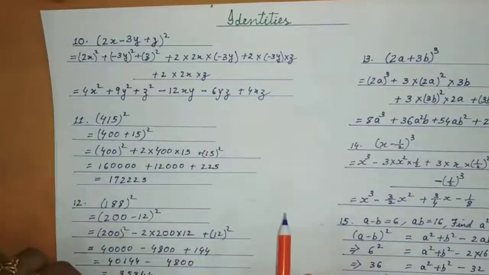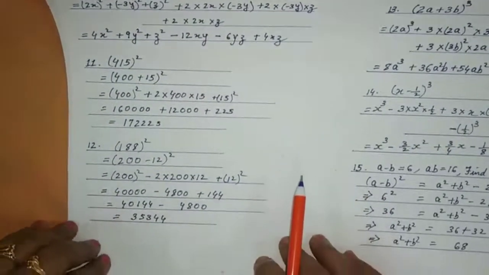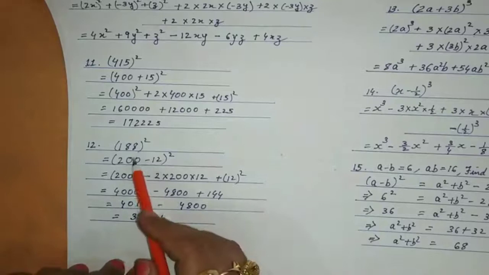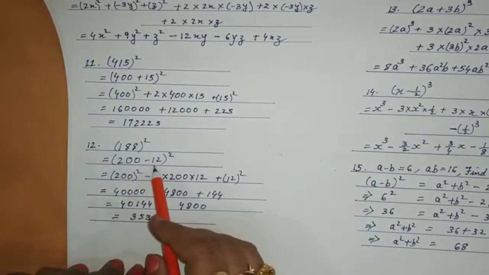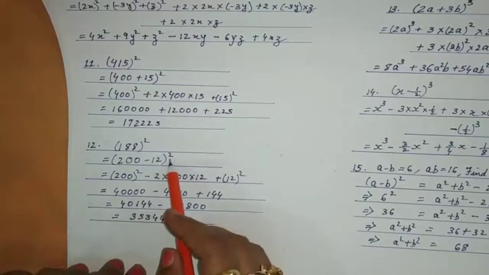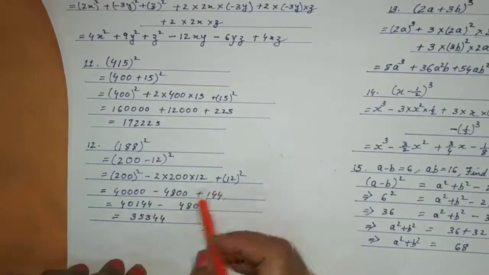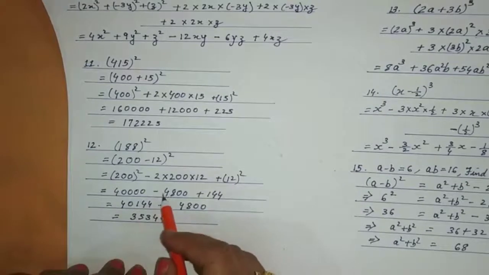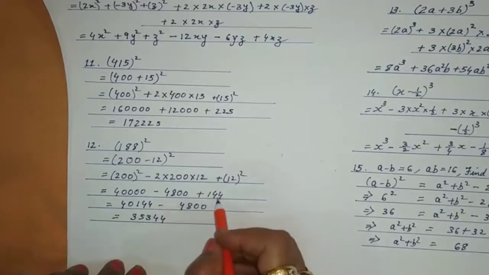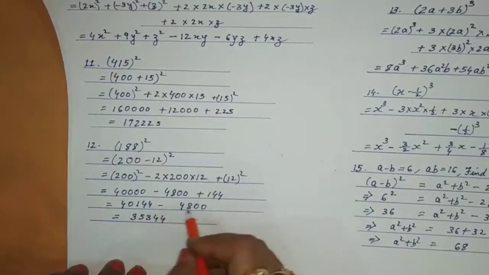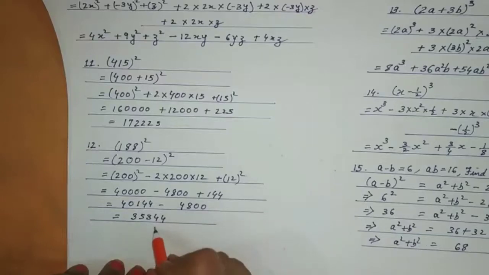If you have a question of 188², then your sum becomes (200 - 12)². So (a - b)² is a² - 2ab + b². So 40,000 - 4,800 + 144, and finally simplify it as the answer.